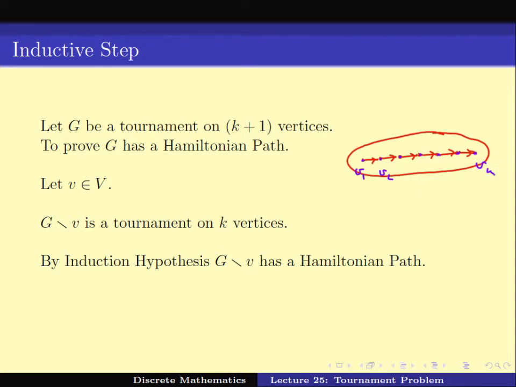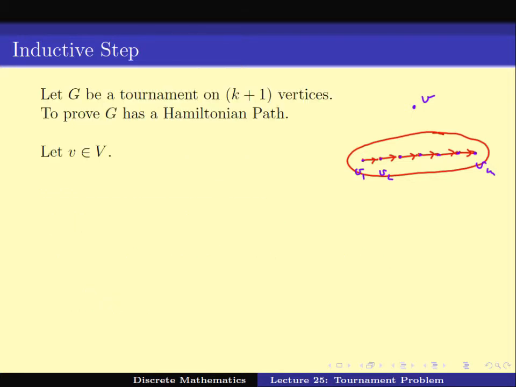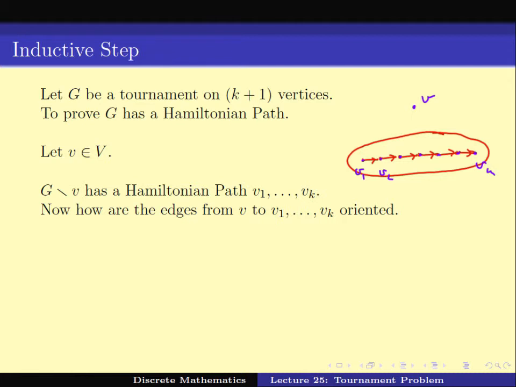That means there is an edge from V1 to V2, V2 to V3, and so on till Vk. And I have the V sitting over here. This is V. The question is, how is V connected to the rest of them? So let V1 to Vk be the Hamiltonian path of G minus V. Now, how are the edges between V1 to Vk and V oriented? So look at the edge between V1 and V.